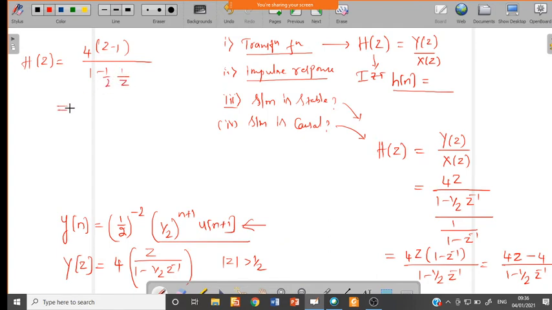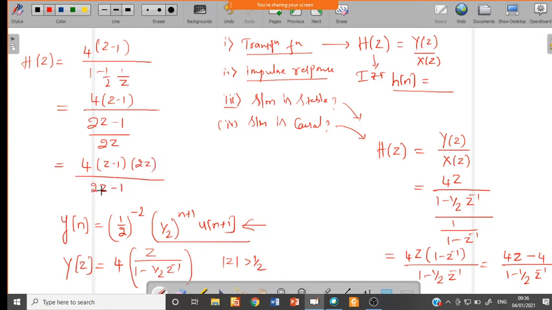You can take the common factor here: 4 into z minus 1 divided by (2z minus 1) divided by 2z. You can write 4 into z minus 1 into 2z divided by 2z minus 1, or you can take 2 again to get the pole.